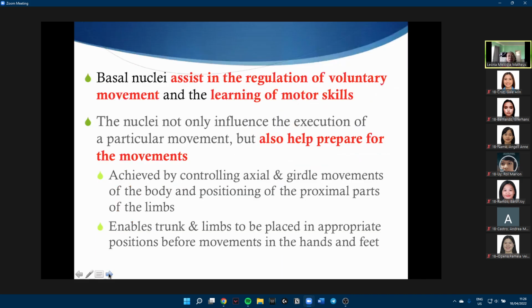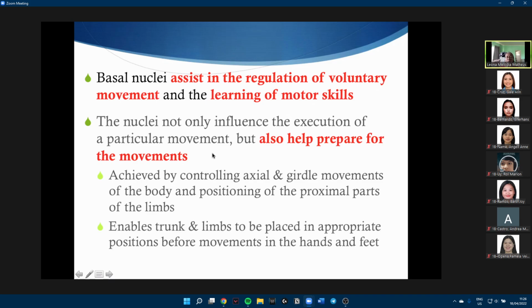Now, again, we reiterate that the basal nuclei assist in the regulation of voluntary movement and in the learning of motor skills. However, it is also said that the nuclei not only influence execution of a particular movement, but can also help prepare for the movement.